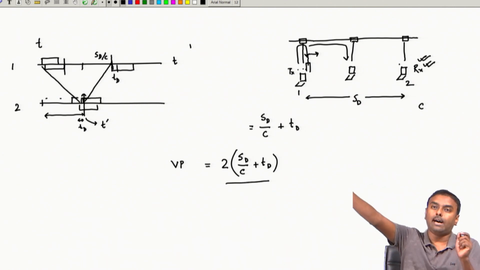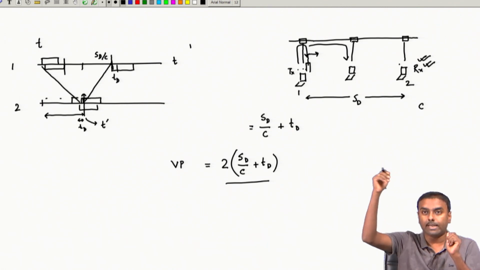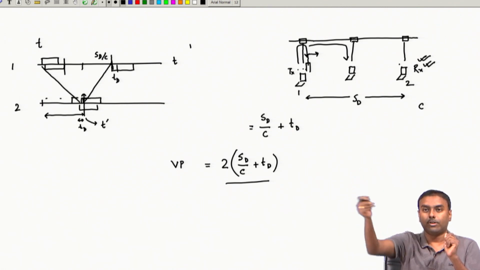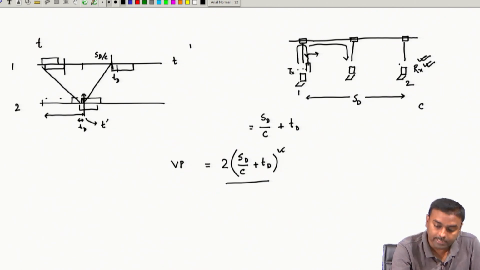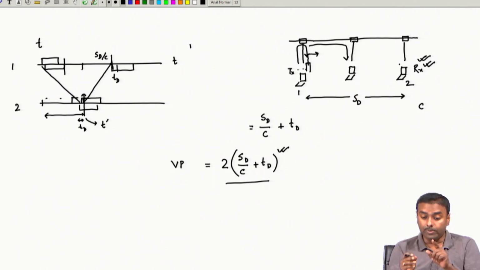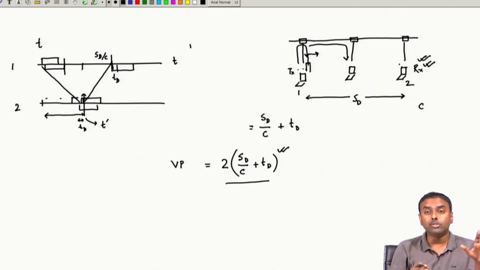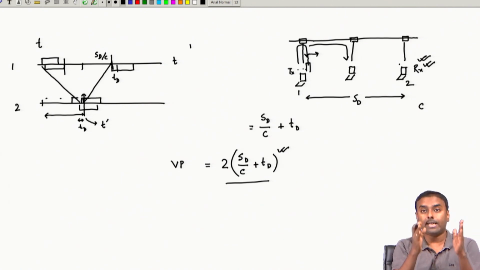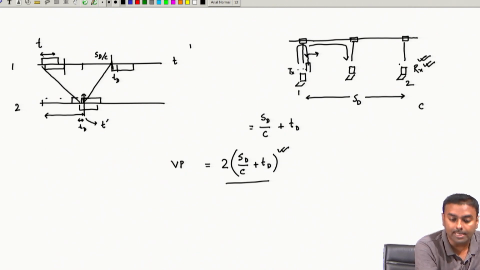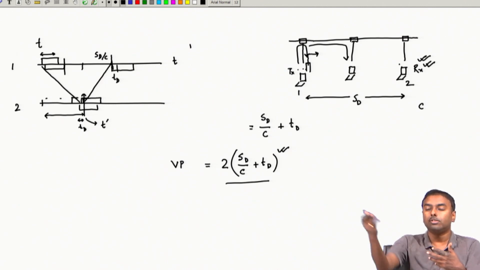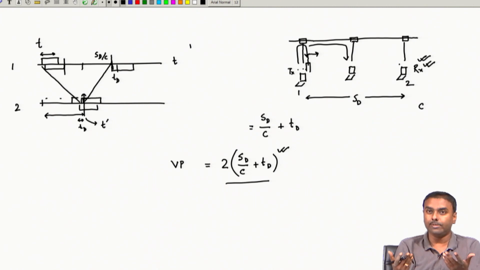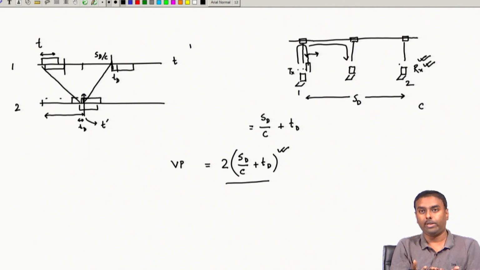If the other node who is transmitting is at the furthest location from me, then detecting a collision might take in the worst case this much time, and within this time my packet is already over, the transmission time of the packet. So, if the transmission time is over, I will not be able to detect a collision, because my packet is over. Somebody else's packet I will be receiving, and I will not detect a collision at that point.